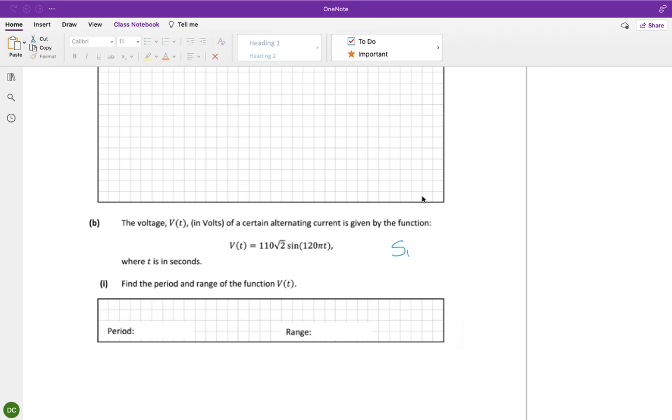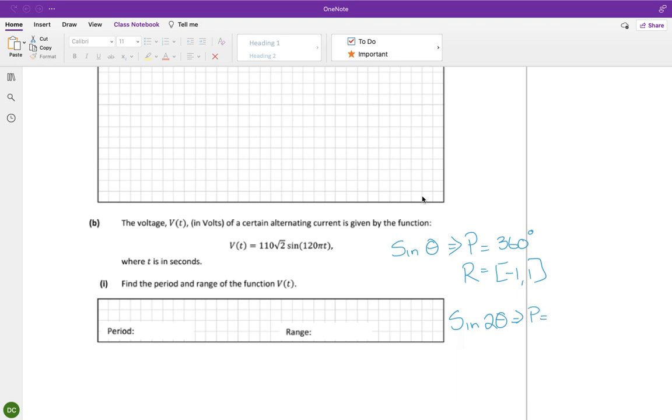So, if we have sine theta, just plain old sine theta, the period is 360 degrees, and the range, we'll just go with R, the range is -1 to 1. Yeah? And then if you go to like 2 theta, that would make the period half.